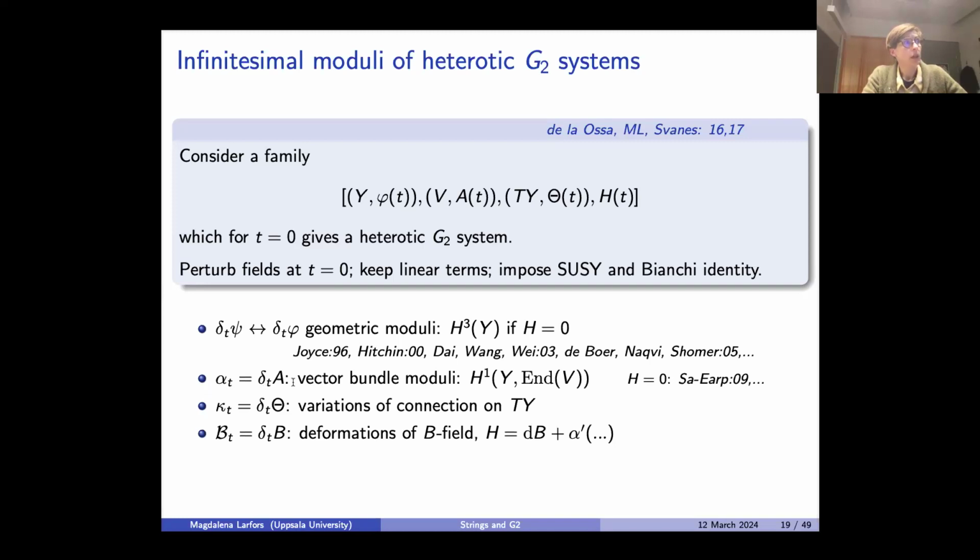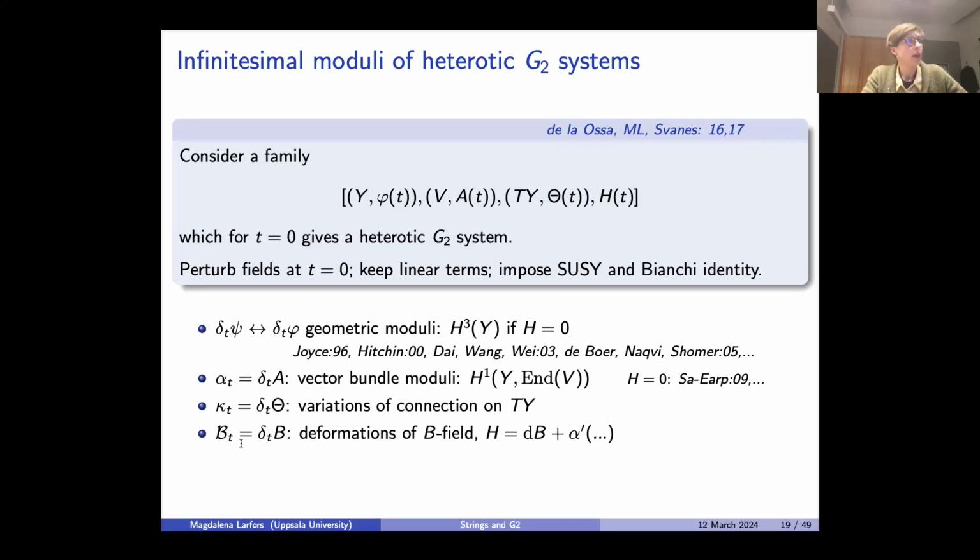Then we have the variations of the two connections. So these are the vector bundle moduli and the variations of the connection on the tangent bundle. The variations of the vector bundle moduli are given by H1 of End V valued forms, also when H is equal to 0. The variations of the connection on TY is a bit more subtle, and I'll come back to that.